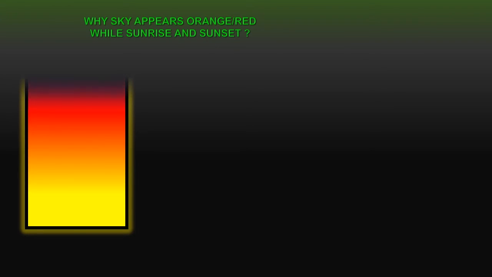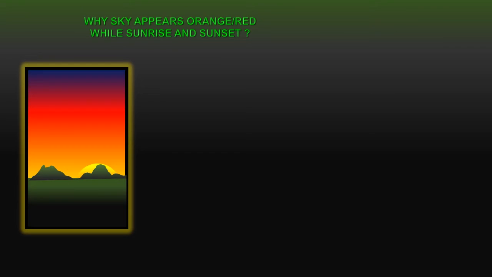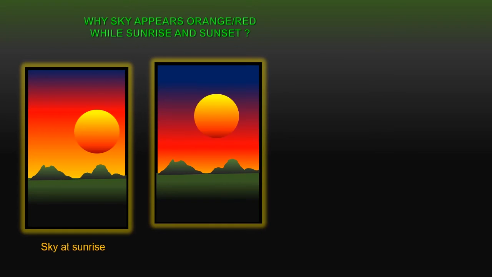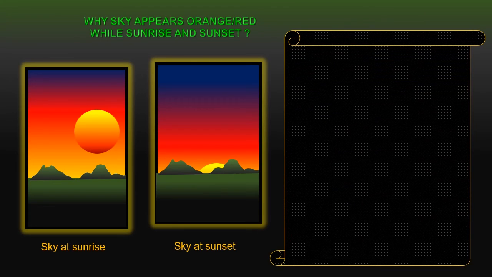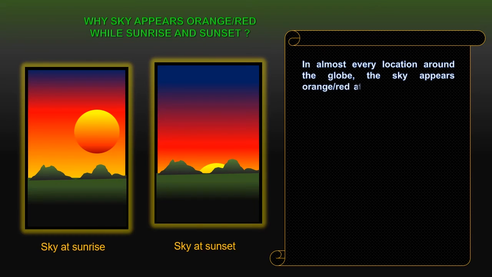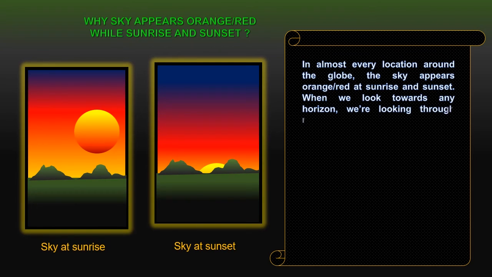The sky appears orange at sunrise and sunset. For example, sky at sunrise, sky at sunset. In almost every location around the globe, the sky appears orange at sunrise and sunset. When we look towards any horizon, we are looking through more of Earth's atmosphere than when we look overhead.